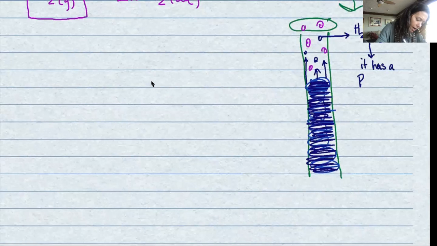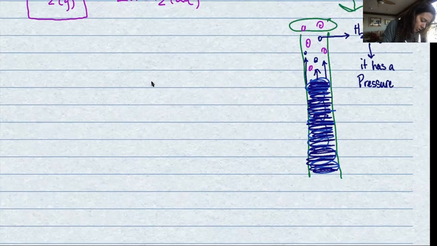So what we have is a situation where we have a mixture of gases, like in the beginning of this video where Dalton talked about, well, if we have a mixture of gases, then the total pressure is equal to the pressure of each of the individual gases.